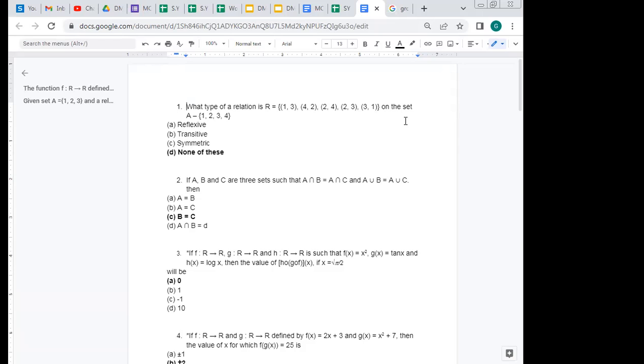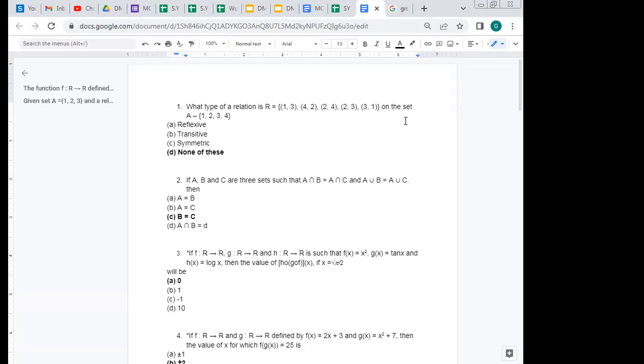Then for transitive, how would it be? For A to B, B to C, A to C should be there.